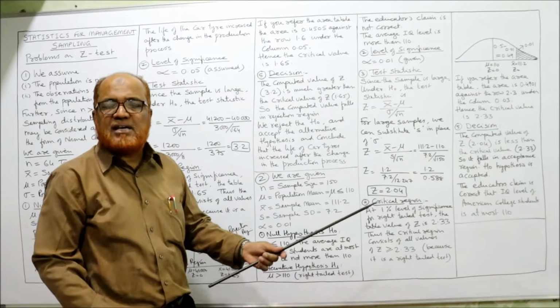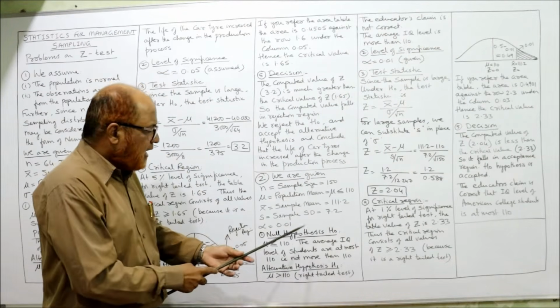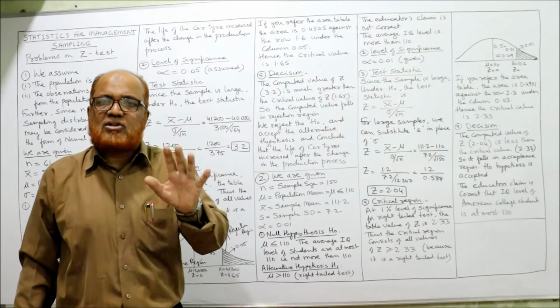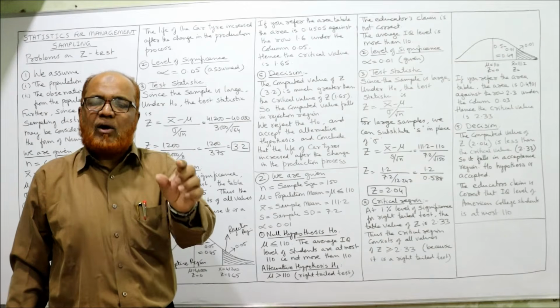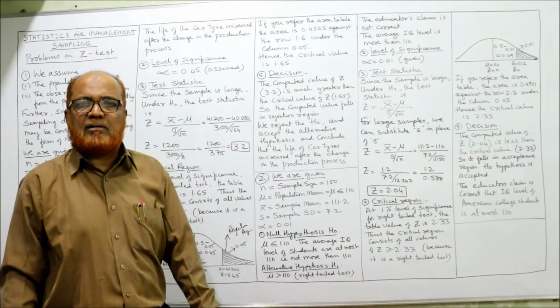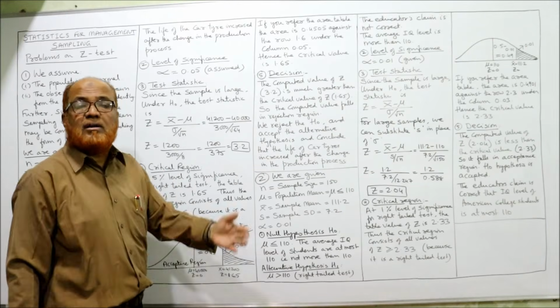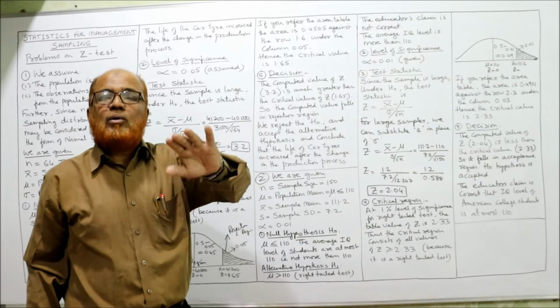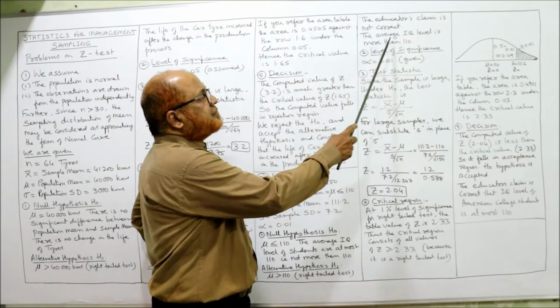For the null hypothesis, you should write a sentence: the educator's claim is correct, the average IQ level of American college students is at most 110, not more than 110. Alternative, more than 110, which means the educator's claim is not correct. The average IQ level is more than 110.